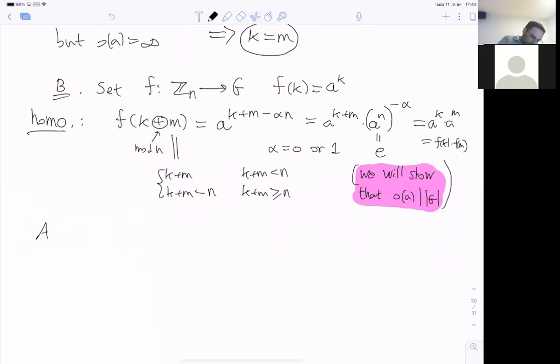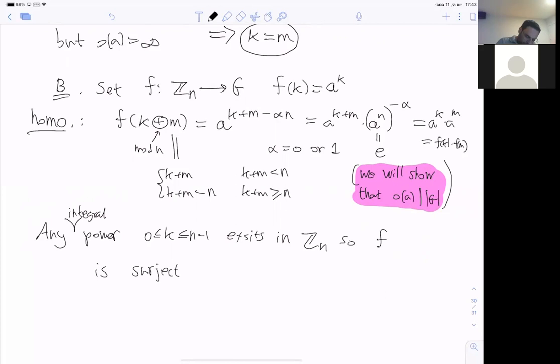Any integral power A to the K, for K from 0 to n minus 1, exists in Z, so F is surjective, because the target is the power of A. Thus also injective, since it is a finite set.